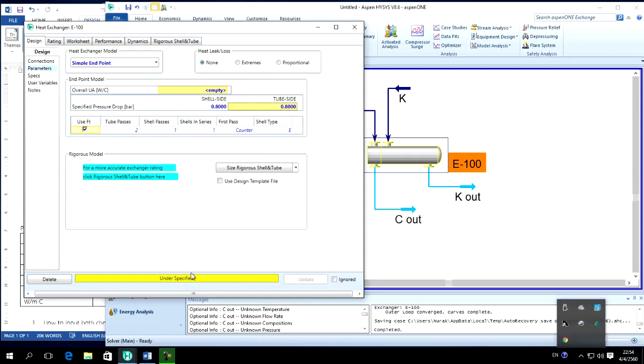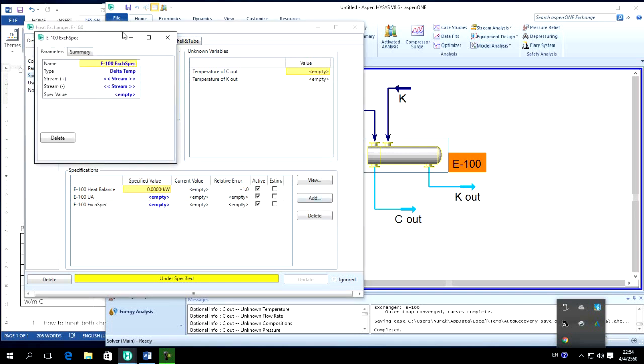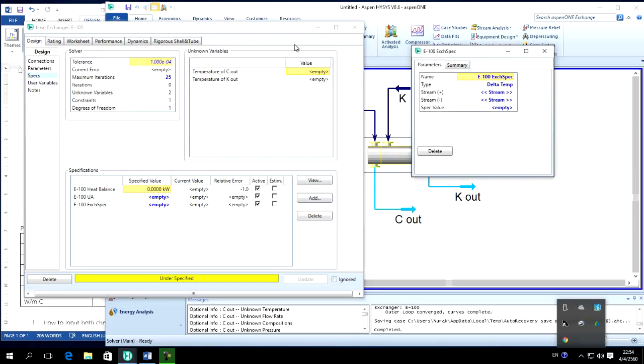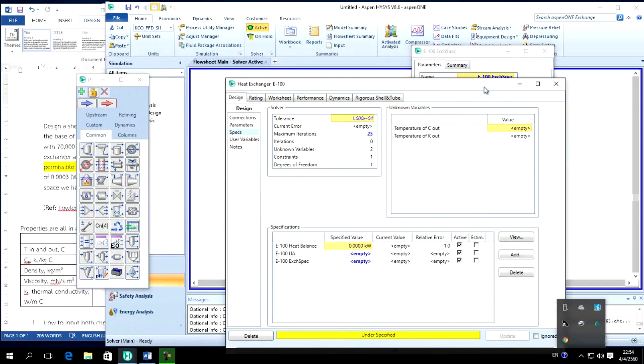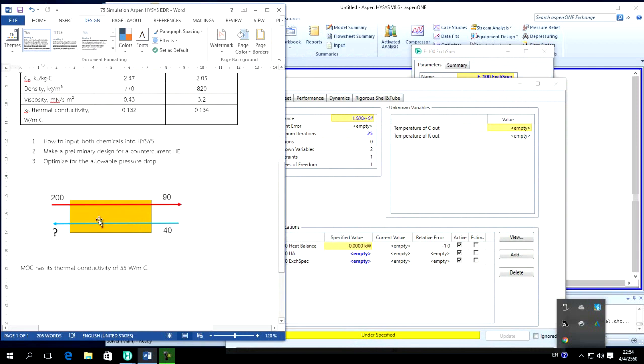Then I need one more specification because after I check the degrees of freedom, I need that. So what kind of specification should I use? I can check with this. I found that after a simple draw of the counter current, the kerosene is on the top, the crude is on the bottom.